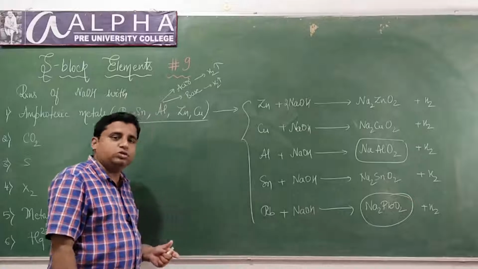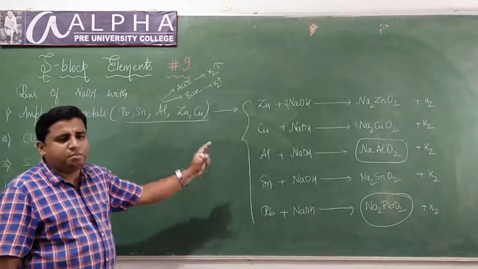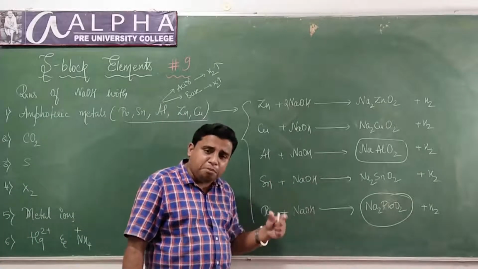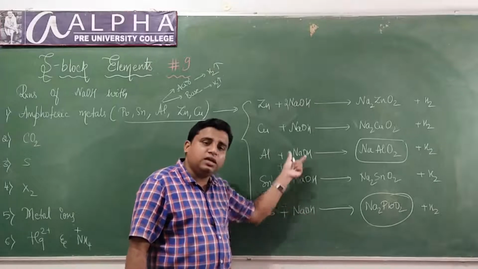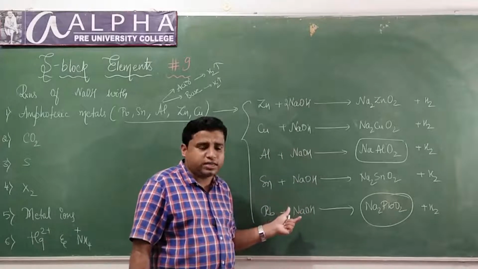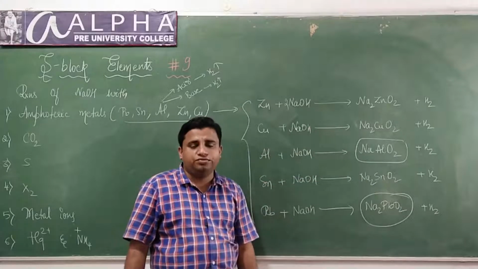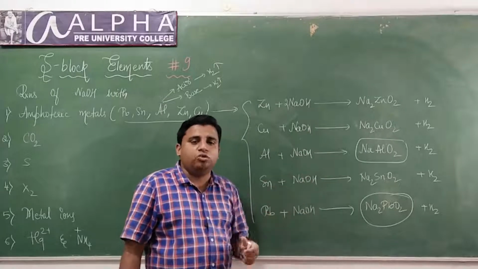But it is not necessary. Just remember what happens when these amphoteric metals react with a strong base like sodium hydroxide. There will be evolution of hydrogen gas and some peculiar compounds are formed. Remember the formula of these compounds. That is more than enough.